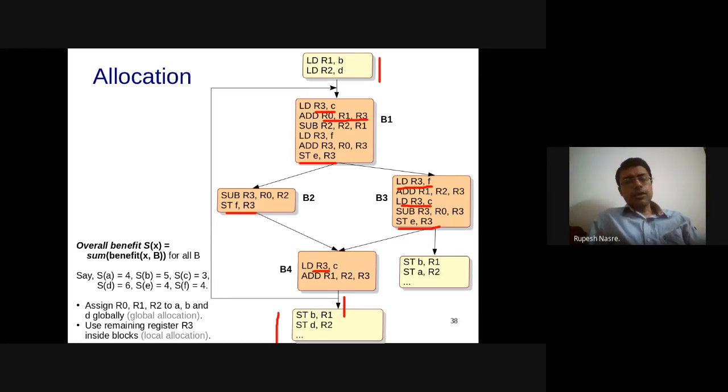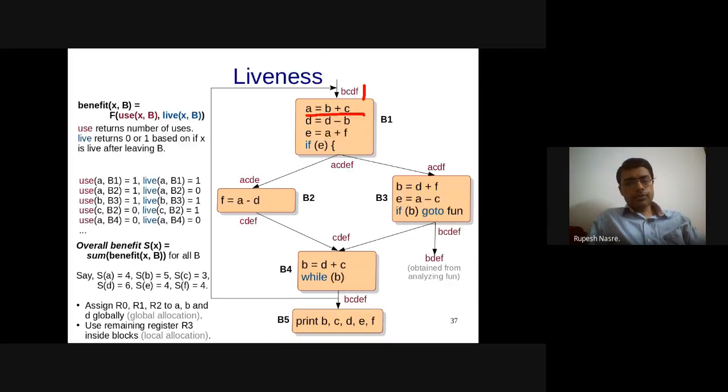That is correct. So we had the print statement which had B, C, D, E, F, and A is not appearing there, which means that A is not live. If it is not live, you don't need to worry about it because it is not going to get used. There is no need to push it back to the memory location, right?